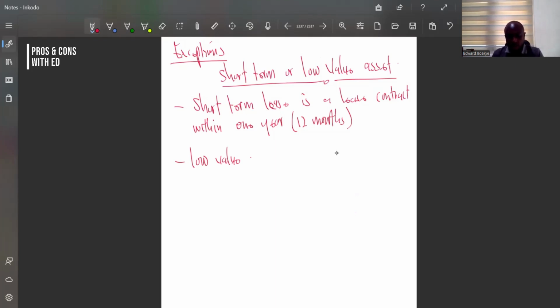Now let's look at those assets. One is tablets. Two is small personal computers, your MacBook and those kinds of things.